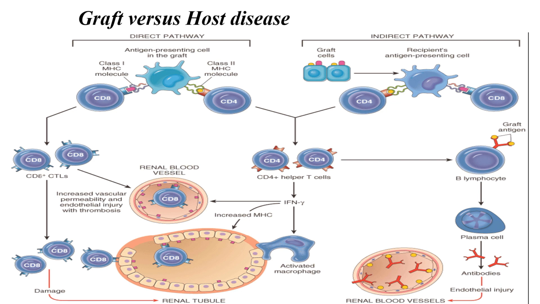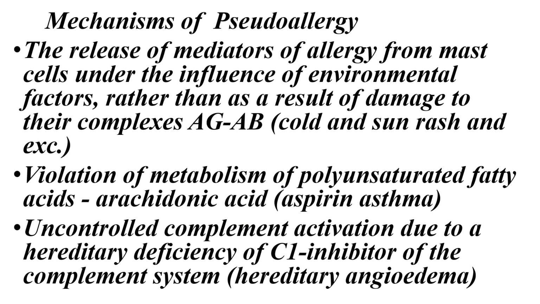In the indirect pathway, graft antigens are displayed by host antigen presenting cells and activate CD4 T cells which damage the graft by a local delayed hypersensitivity reaction and stimulate B lymphocytes to produce antibodies. Mechanism of pseudo-allergy.